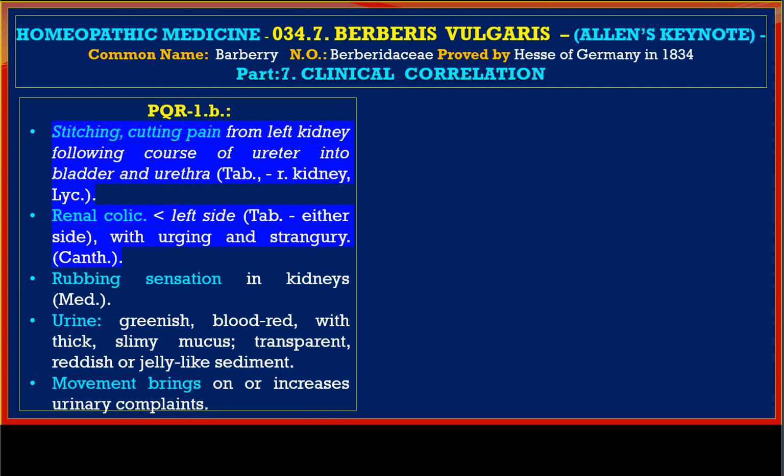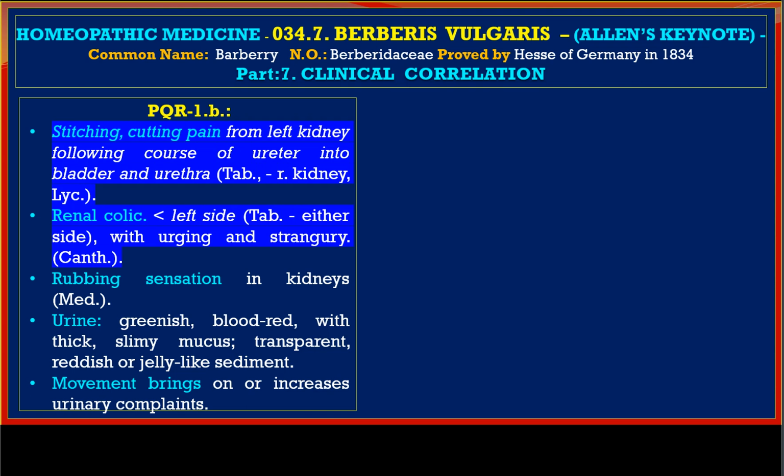So both the symptoms are in continuation, and that tells us of stitching, cutting pain from the left kidney following the course of ureter into the bladder and urethra. Tabacum is the right kidney, both sided renal stone, and the right kidney is especially affected in the case of Lycopodium. Here the renal colic is worse on the left side, especially with reference to Berberis vulgaris.